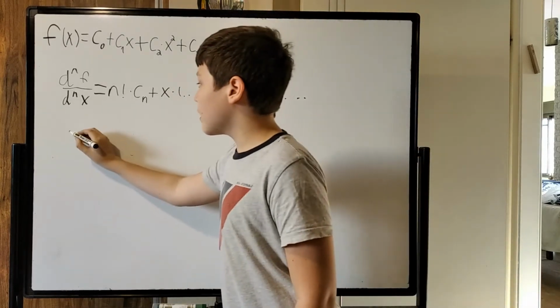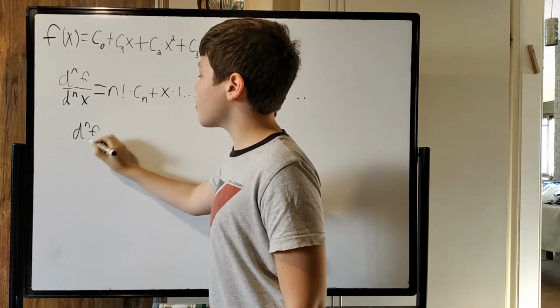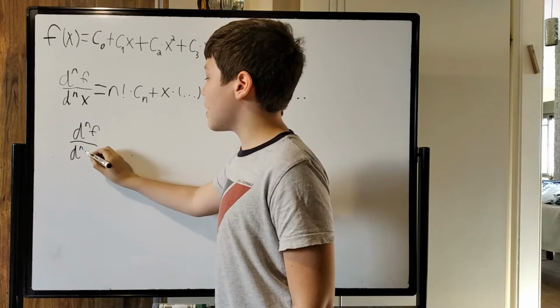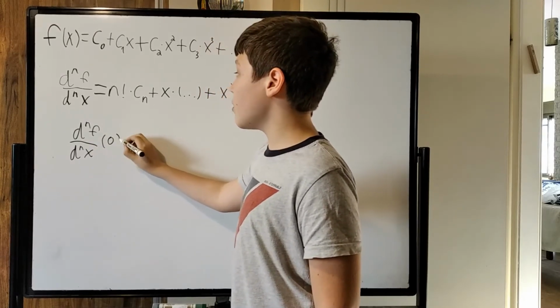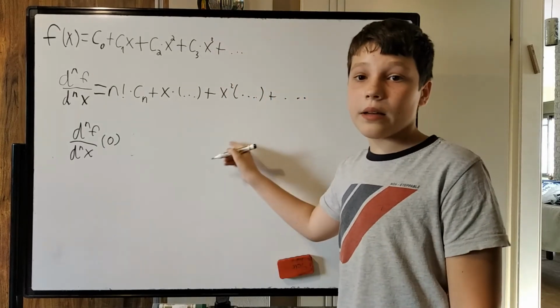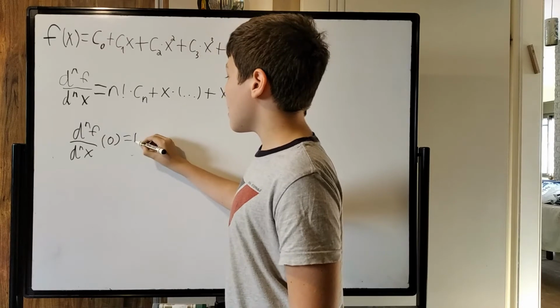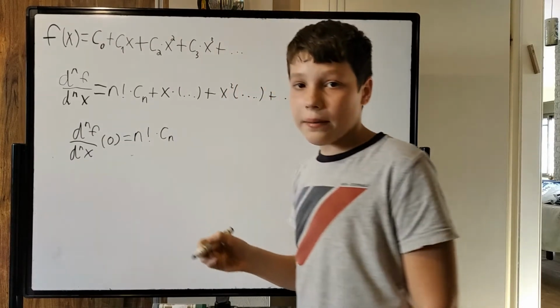So when we plug in 0, you have the nth derivative of the function, d to the n f over dx to the n, evaluated at 0. All of those cancel out because 0 times anything is 0. And we just have left n factorial times c of n.